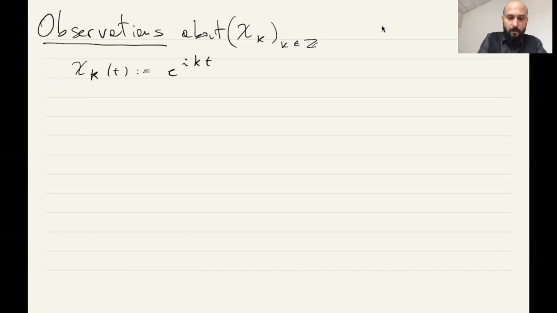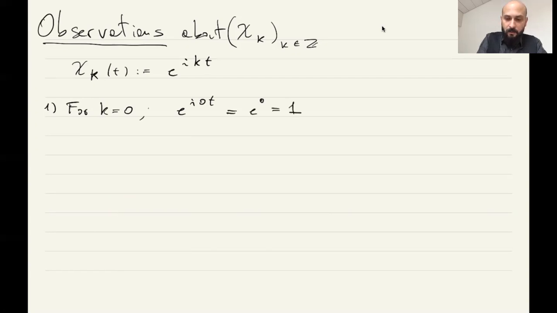All right, so first observation is for k equal to 0, then e_0(t) is constantly equal to 1.